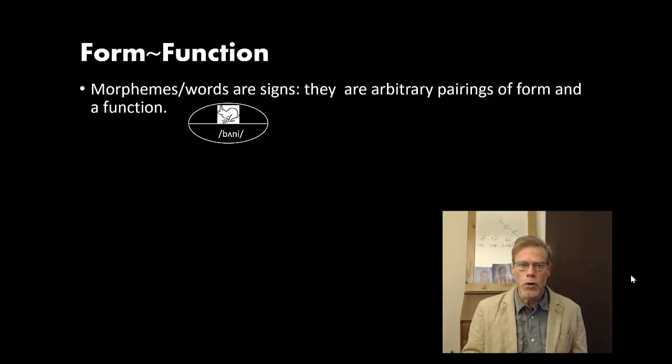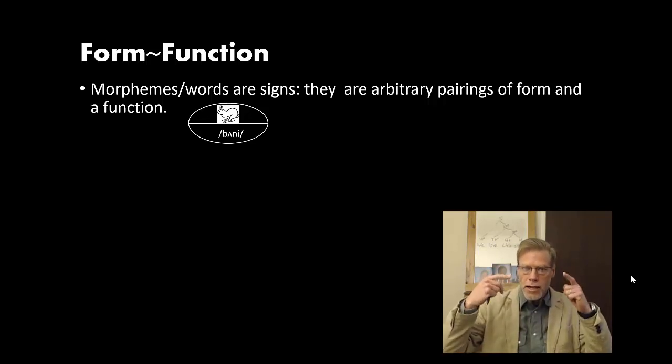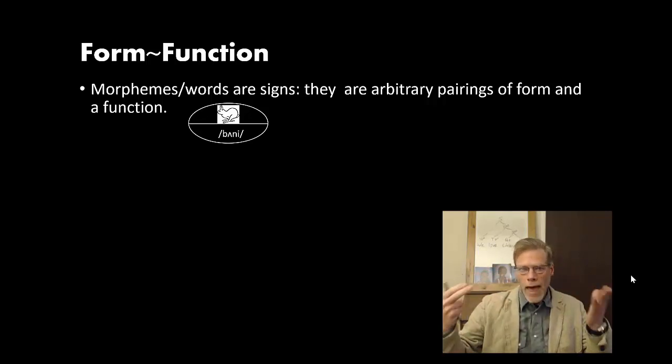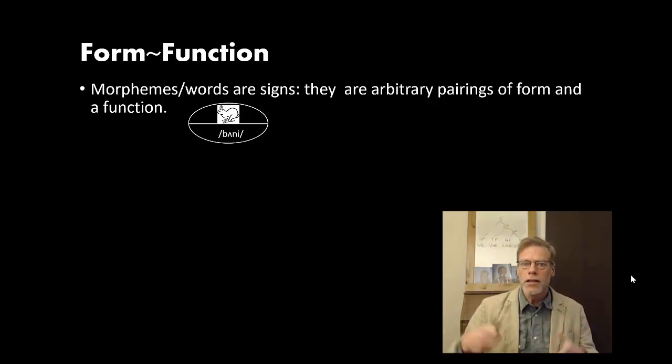We've talked about this before, that language is a sign system, and morphemes and words are signs. They're arbitrary pairings of form and function. So you've got the form bunny, and then the meaning or function is that concept, that furry animal that hops, whatever it is in your brain that you have for a meaning for bunny.